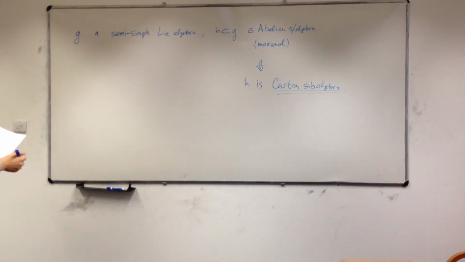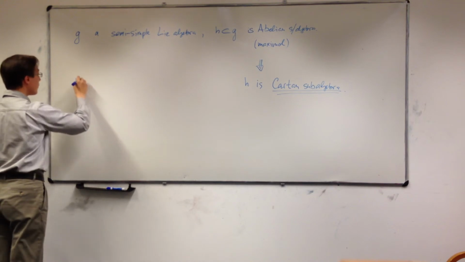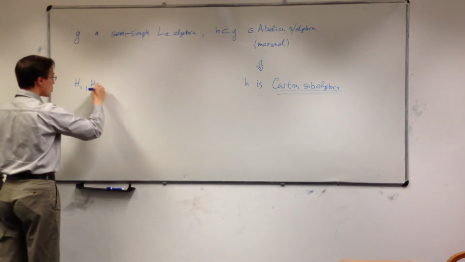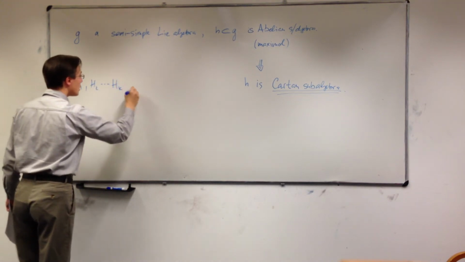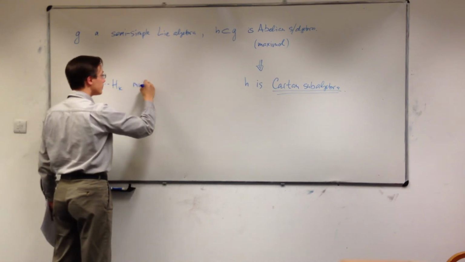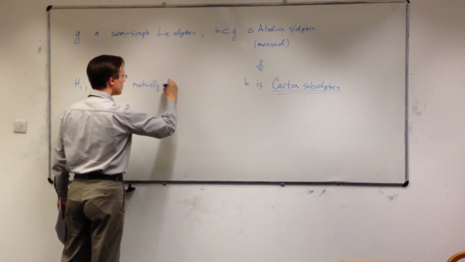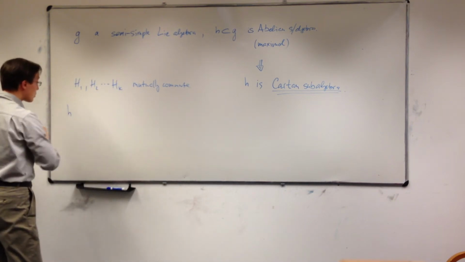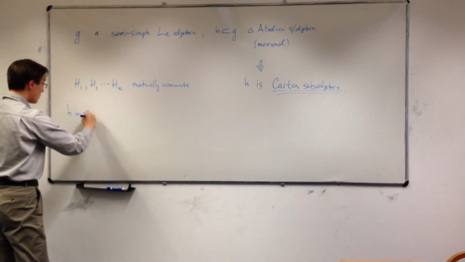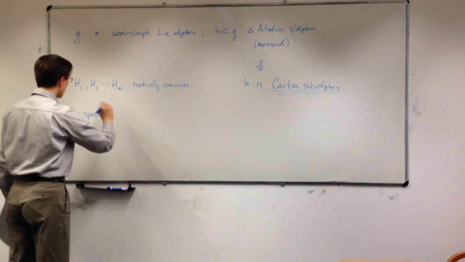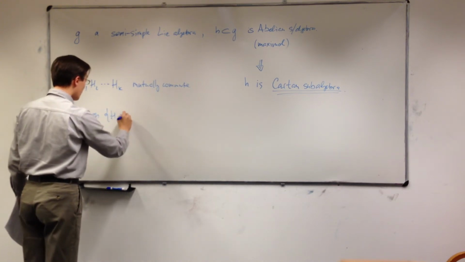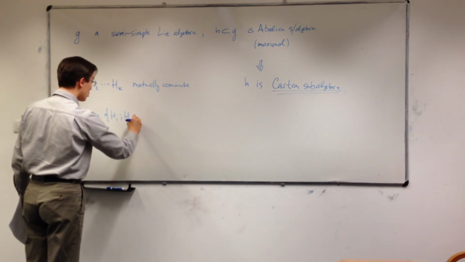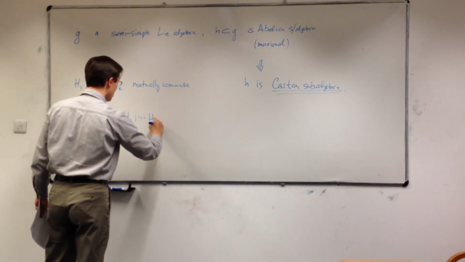Now, if we have those elements, H1, H2, and so on, Hk, mutually commuting, then the algebra H is spanned by these operators, H1, H2 and so on, Hk.